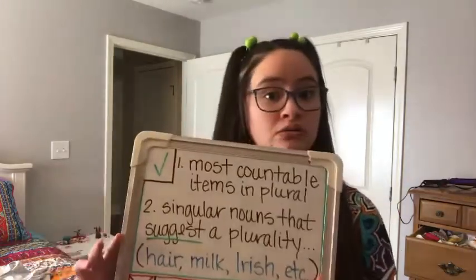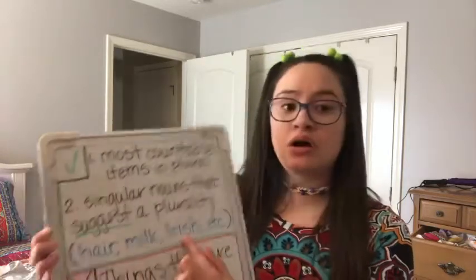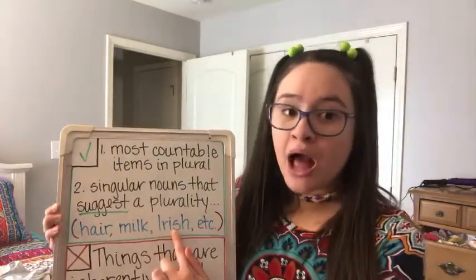Well, same thing with things that are uncountable, like a substance perhaps, like milk, also water. You would use cuid with that. Mo chuid bainne. Also, languages like Irish, like my Irish is improving. So my Irish would be mo chuid Gaeilge.